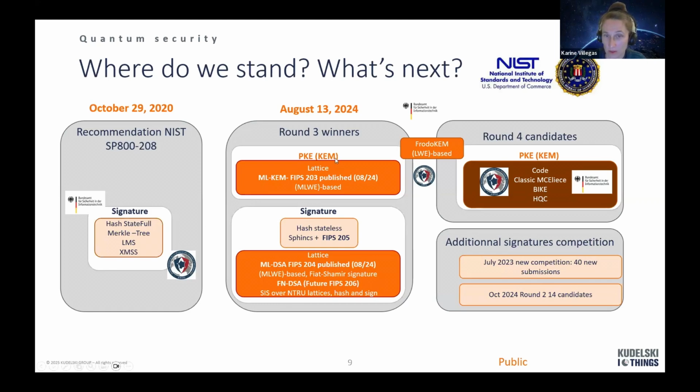In terms of signature, we have a few options. Two have been already standardized in FIPS 204 and FIPS 205. And again, it depends on the use case. For example, FIPS 205 has a very important signature size and will not fit in constrained IoT devices, as Rob mentioned.